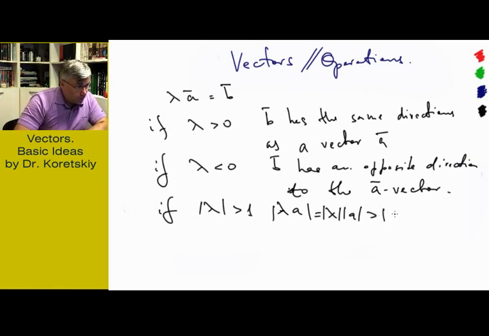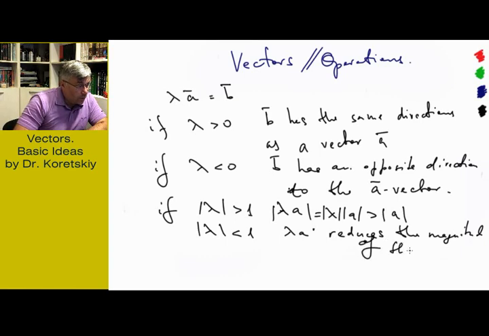So it is more than the length of vector A. If it is less than 1, multiplication by a scalar reduces the magnitude of vector A. Okay, that's all about multiplication by a scalar.